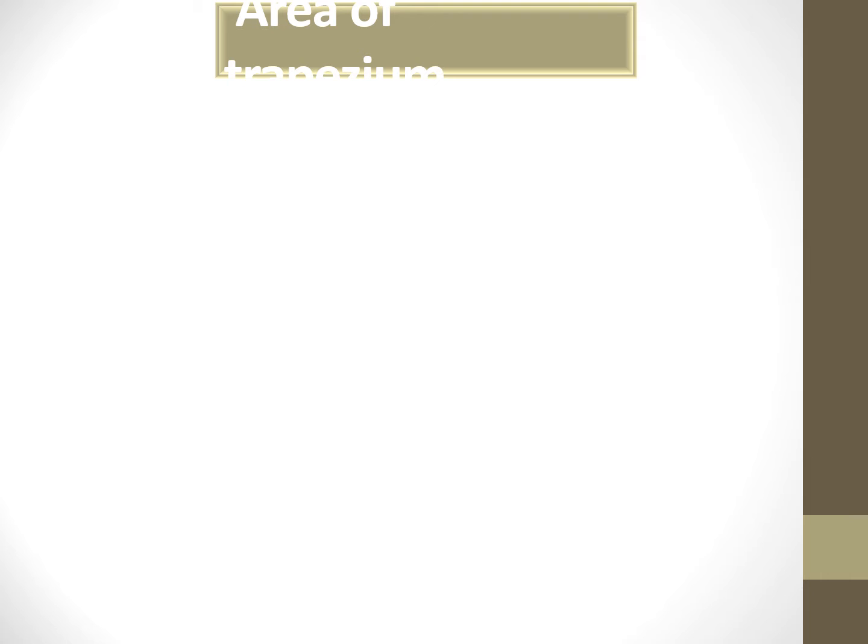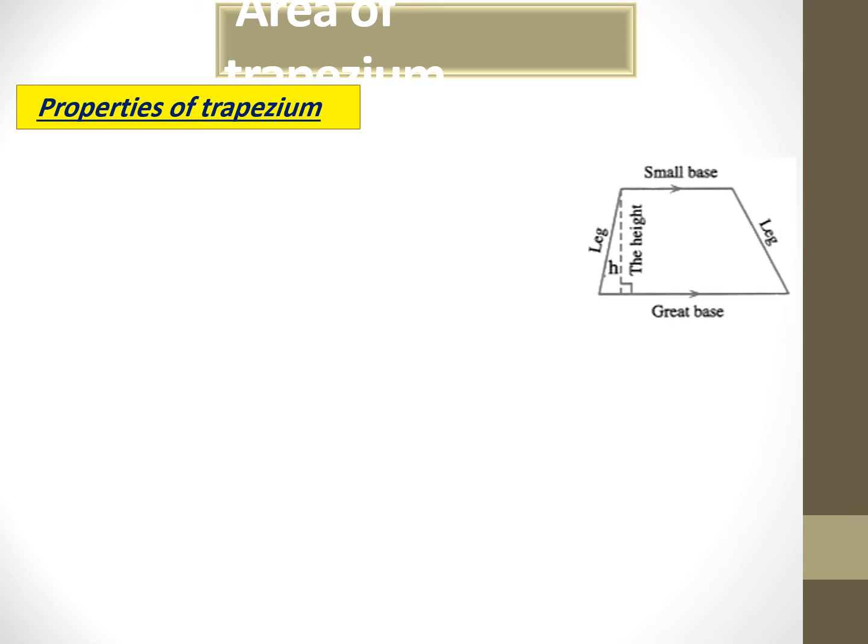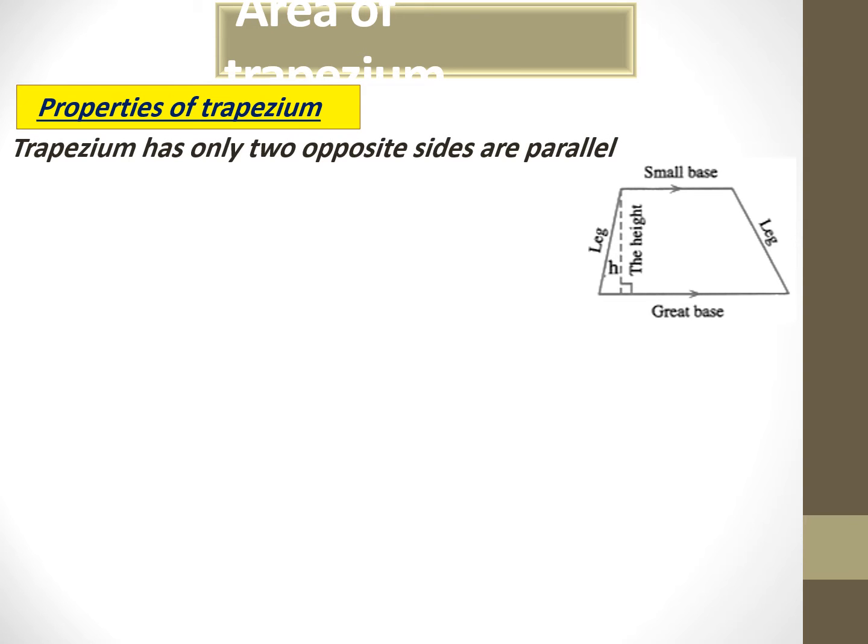Today we will learn the area of trapezium, but firstly we will study the properties of trapezium. The trapezium has only two opposite sides that are parallel. One of them is a small base and the second is a great base.